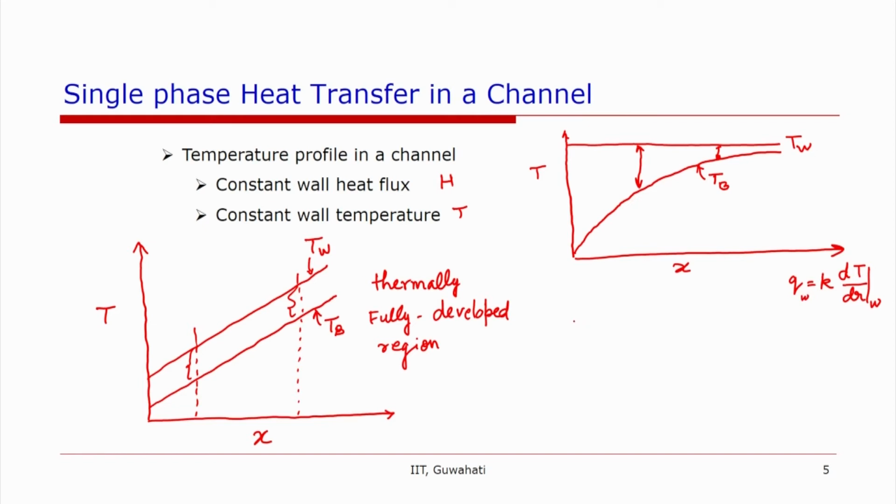So, we can see that the Q wall in this case will keep decreasing almost exponentially. So, these are the typical temperature and wall heat flux profiles for single phase flow in a channel.